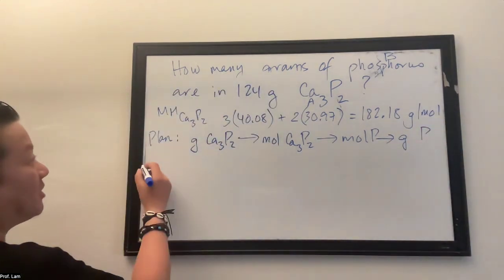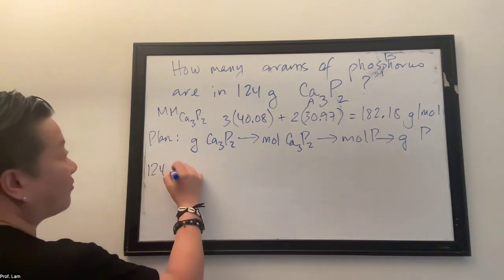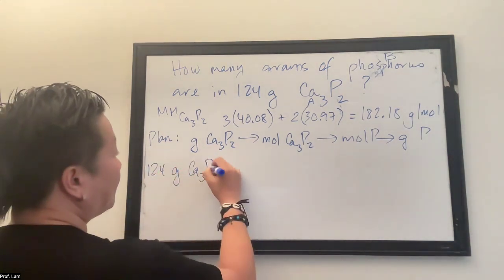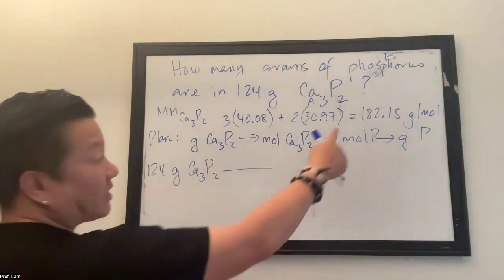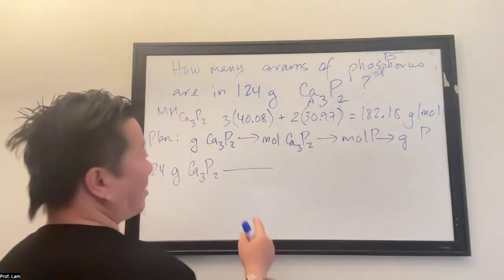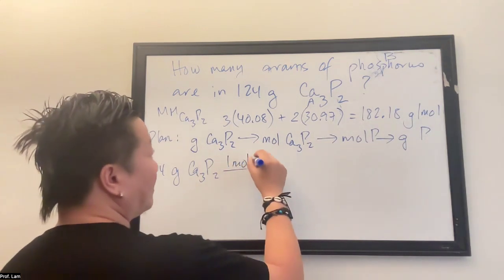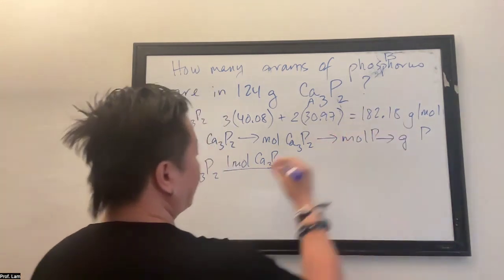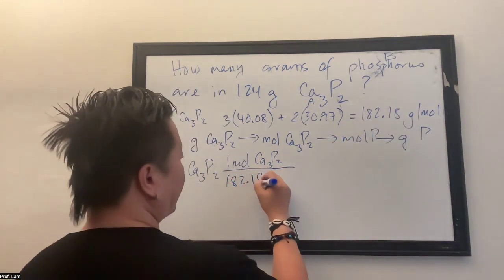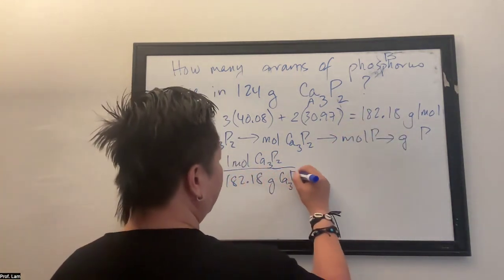You start with what you're given, 124 grams of Ca3P2. You need to get to moles, so look at the molar mass. You want mole on top, right? So 1 mole of Ca3P2 over 182.18 grams of Ca3P2.